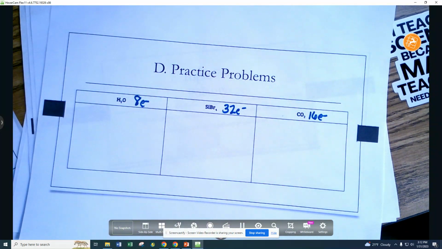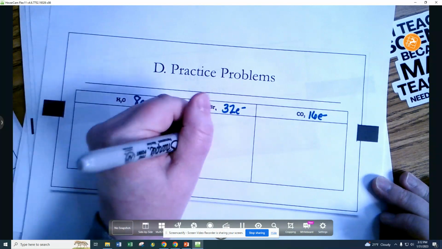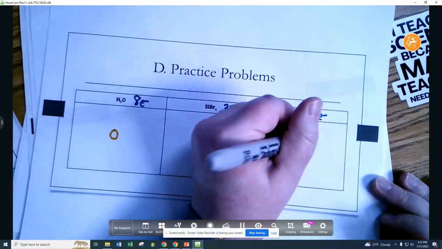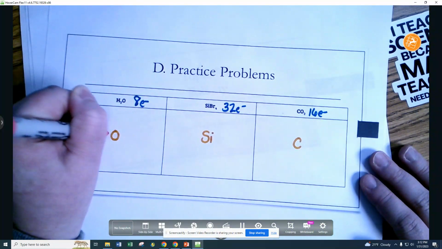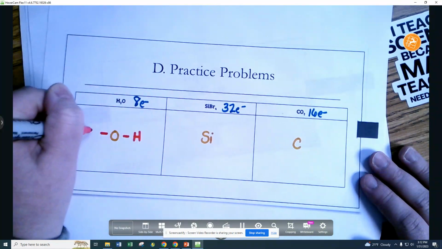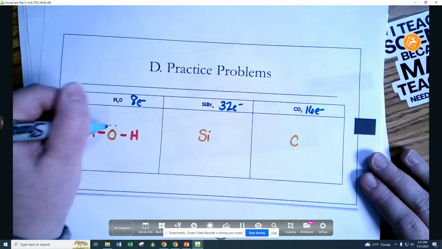When it comes to drawing the Lewis structure, oxygen definitely has to be the central atom here, silicon is my central atom here, and carbon my central atom here. Based on my formula, in the first one I should attach 2 hydrogens. Hydrogens are good once we have added those bonds. And so I have 2 sets, or 4 more remaining electrons, which oxygen needs.